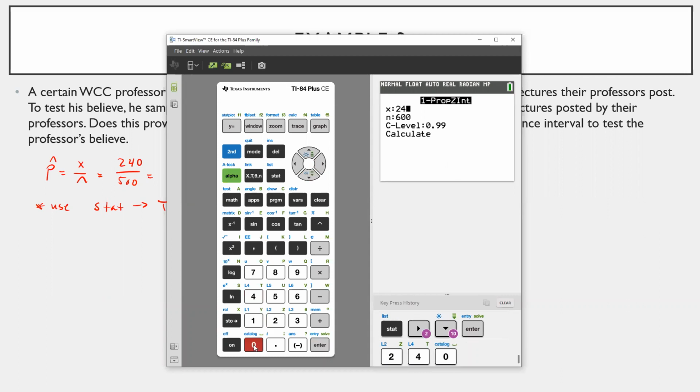And look, let's put in 240, the 500 college students. We said do a 95% confidence interval. Now let's calculate and see what we get.